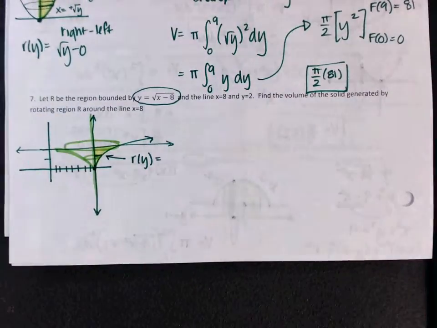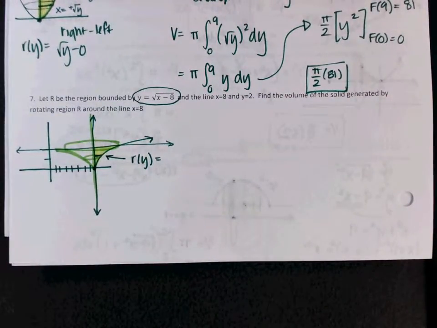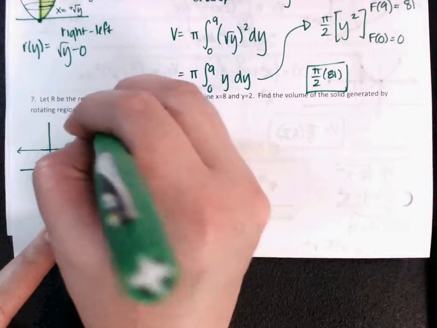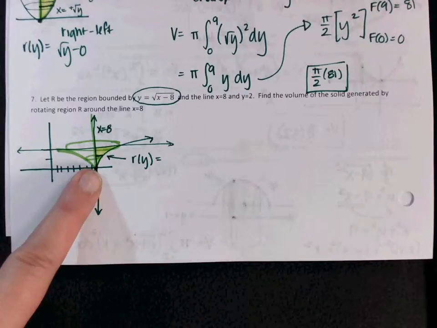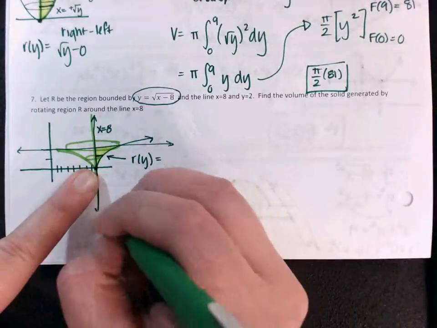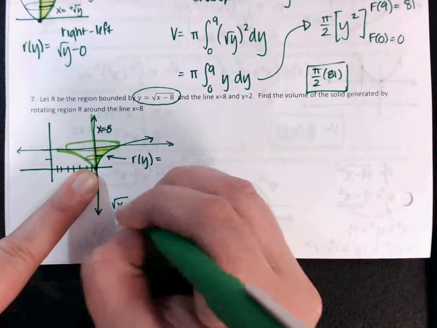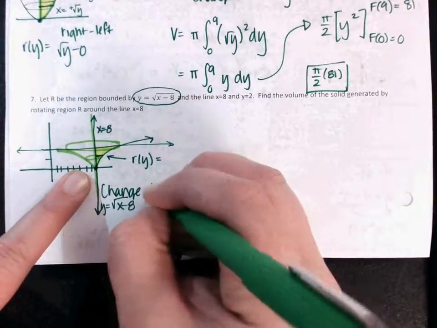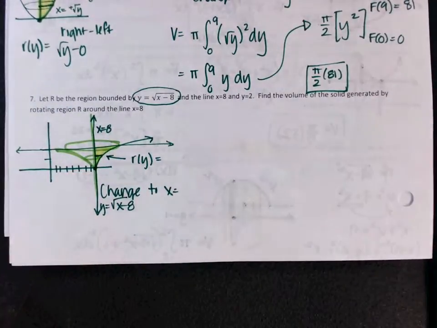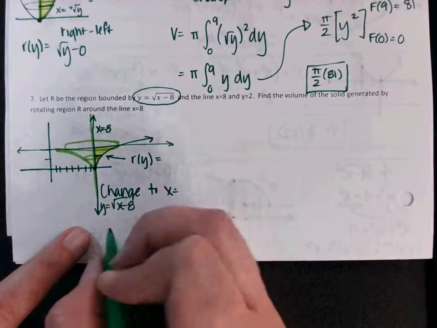And then what do I notice is wrong with one of my borders? This one is x equals 8. But what's wrong with the curved one? Right now it's a y equals. It needs to be an x equals. So I'm going to take my square root of x minus 8 and I'm going to have to change that to x equals. So square both sides.